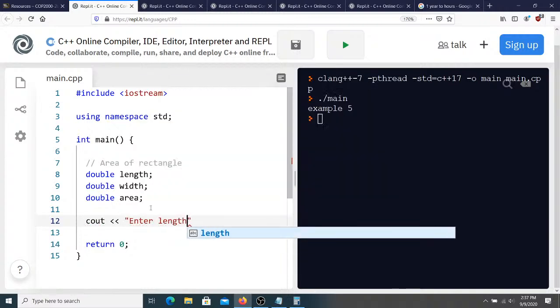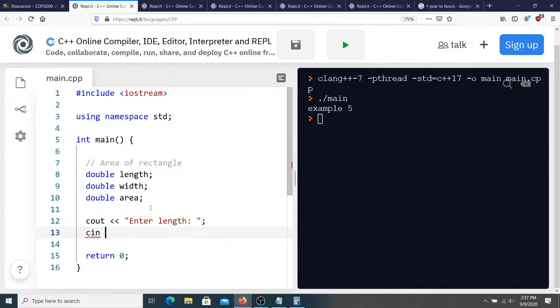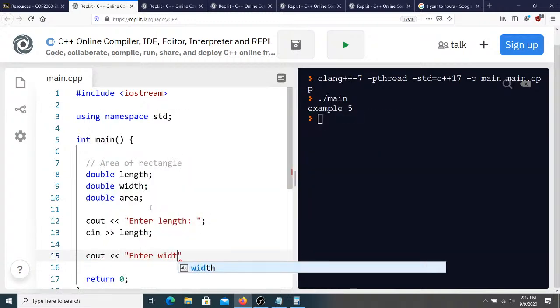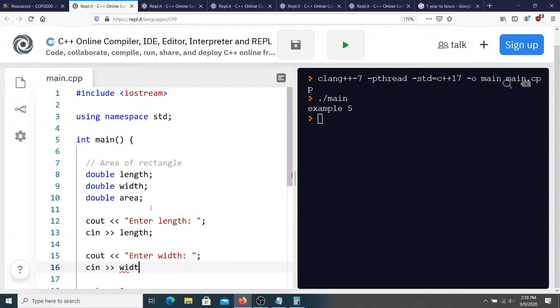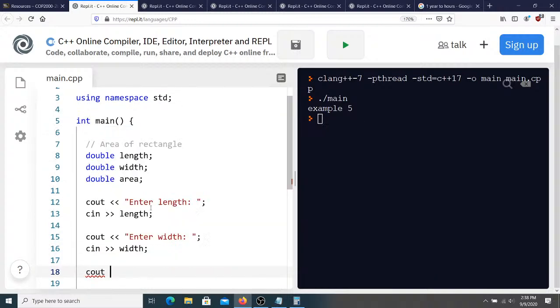enter length, enter width, and then we calculate the area, which is just length times width.